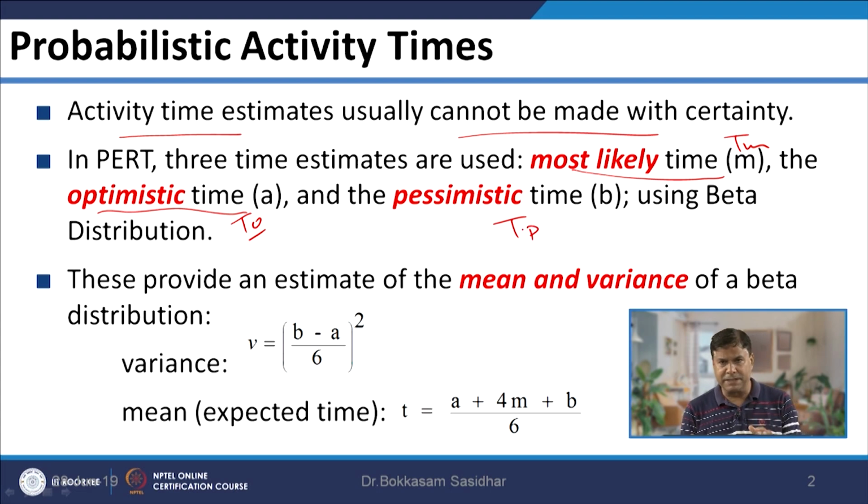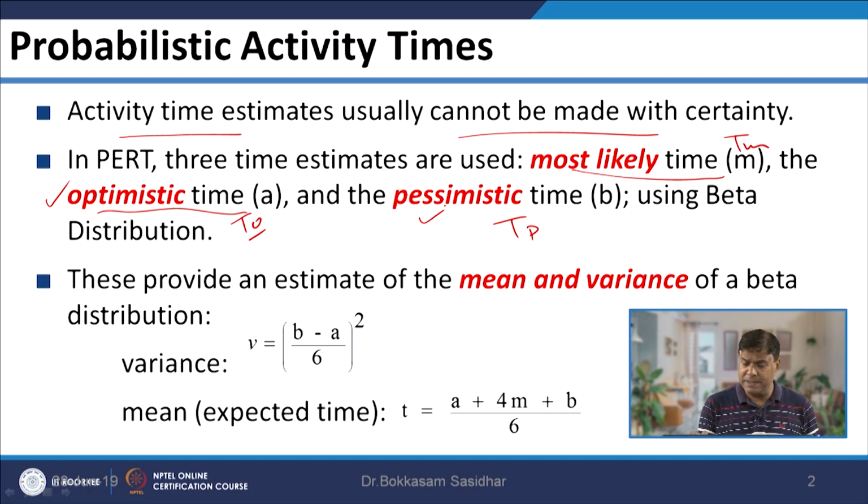Different symbols and designations can be used to show these. Most likely time is the best guess about the time it will take, the optimistic time is the minimum time under the best possible conditions, and the pessimistic time is the worst situation, leading to the maximum time required to complete the activity.